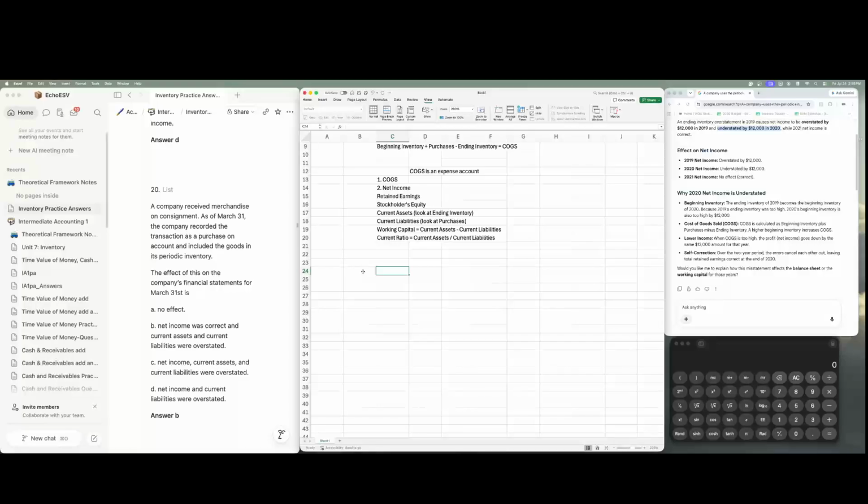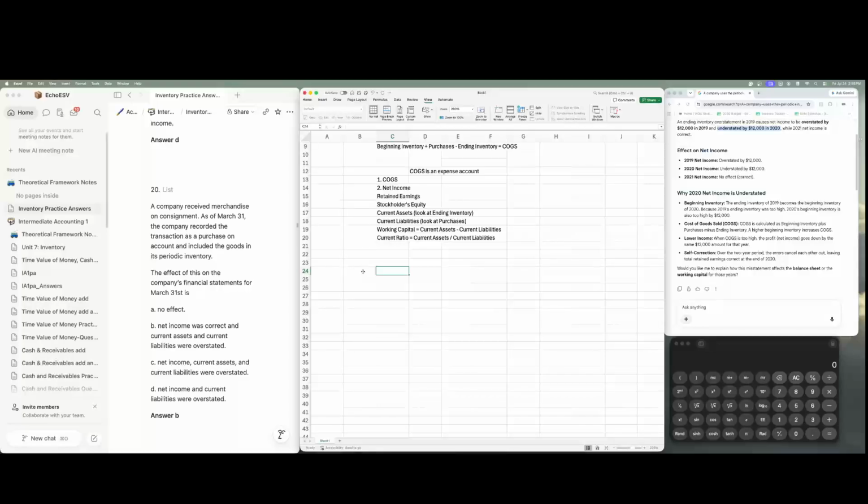Well, they recorded the transaction as a purchase on account, included the goods in the inventory. Consignment, I think that's a separate thing. They don't actually own that inventory. They included the goods in the periodic inventory. So if there was beginning inventory, would it be affected?